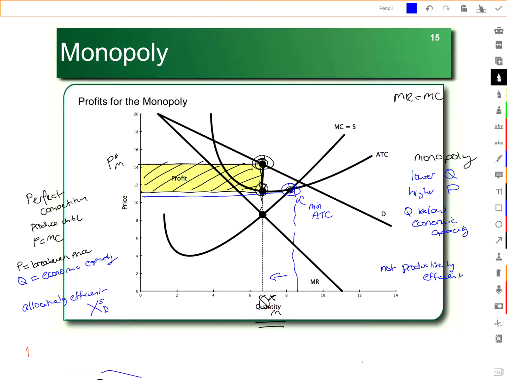Well, does the monopoly produce where demand and supply intersect? Where would that be on this graph? We have demand. Where is supply? Well, the marginal cost curve represents the supply curve, and so that would be here, okay, for the market. So notice the monopoly is also not allocatively efficient.